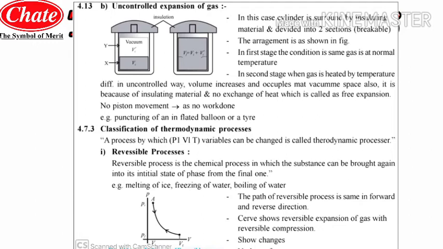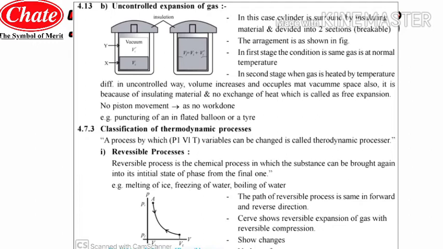On the basis of that, we decide whether work has been done or not, or whether it is positive or negative. But here there is no piston arrangement, so there is no movement of piston and there will be no work done. So this is the condition which will be fulfilled: there will be no piston movement and no work done in the process of uncontrolled expansion of gas.